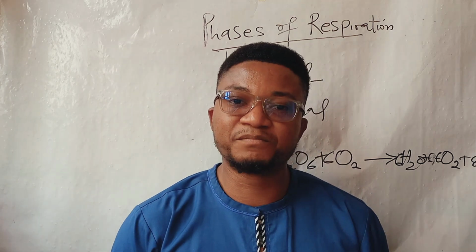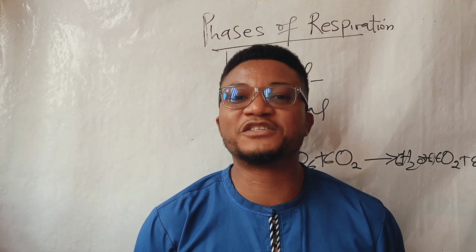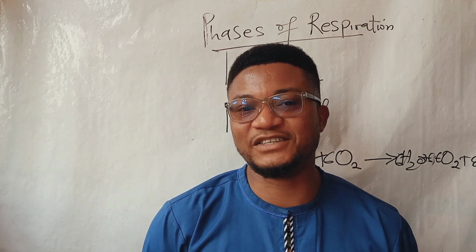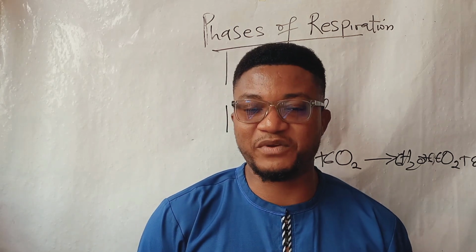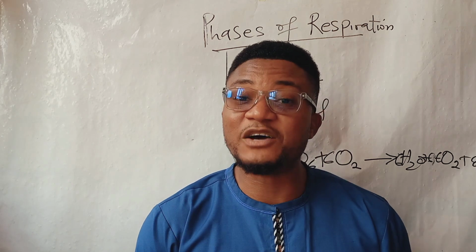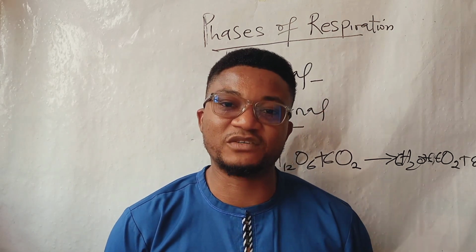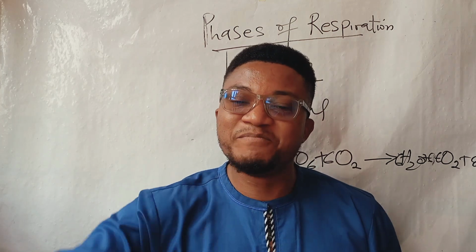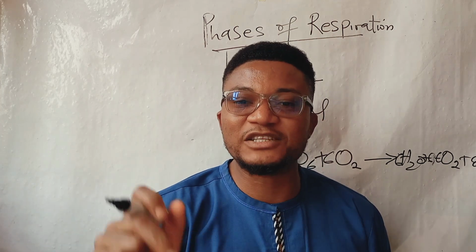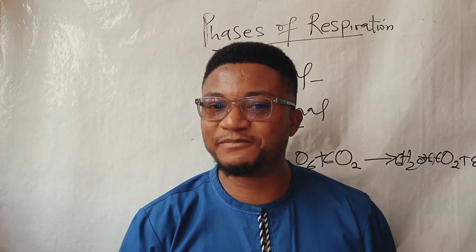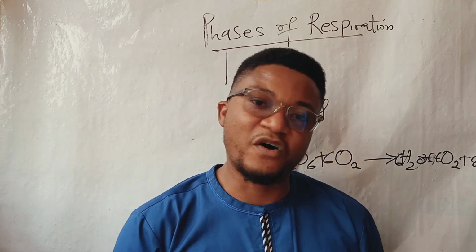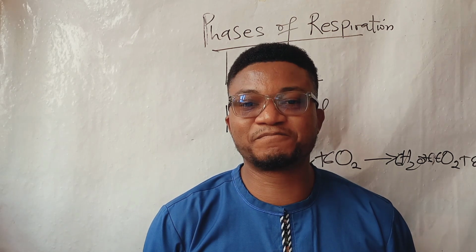It involves the breathing in and the breathing out process, which we call inhalation and exhalation, inspiration or expiration. We now talk about internal respiration. That is where the main action happens, where oxygen breaks down the glucose in order to release energy in your body and give out other byproducts such as carbon dioxide and even water.